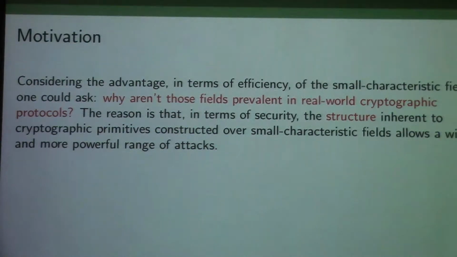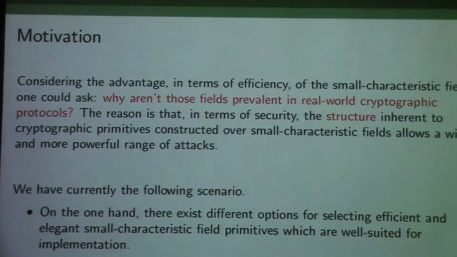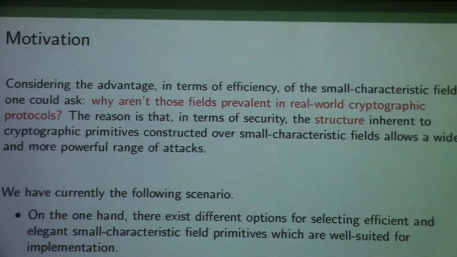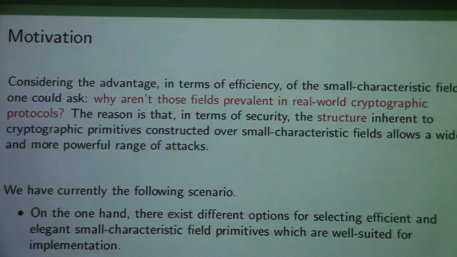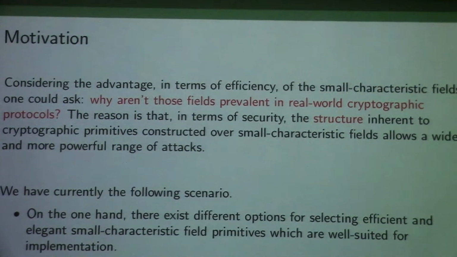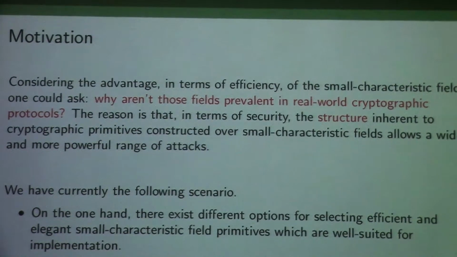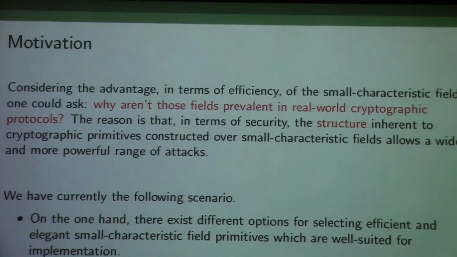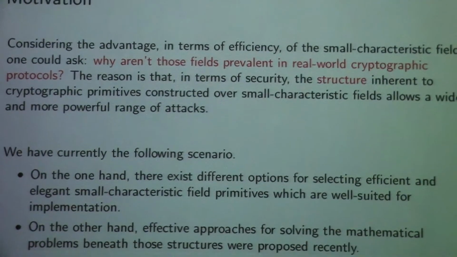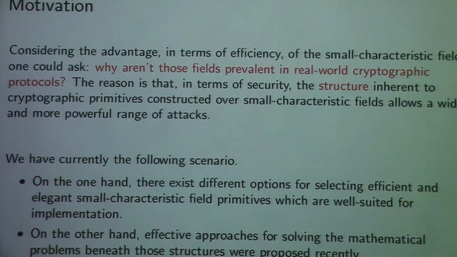So currently we have the following scenario. On one hand, we have elegant structures that make fast and very efficient implementations of cryptography in different platforms, hardware and software. And on the other hand, we have effective approaches for solving the mathematical problems beneath those schemes, and this brings some concern to the cryptographic community.